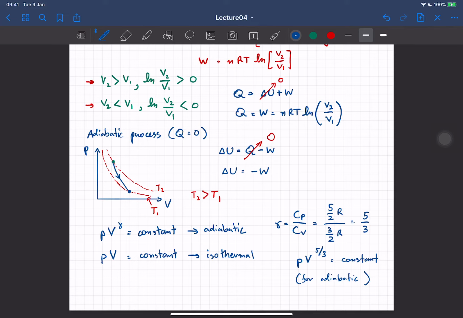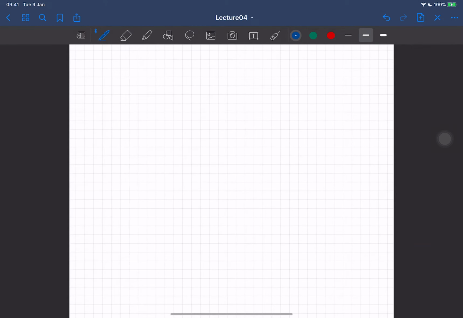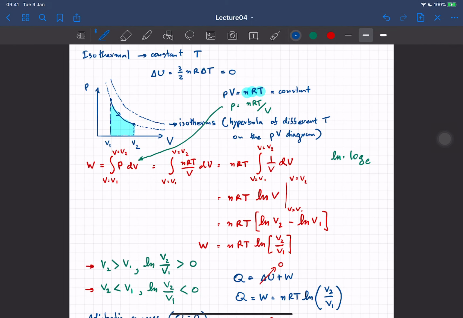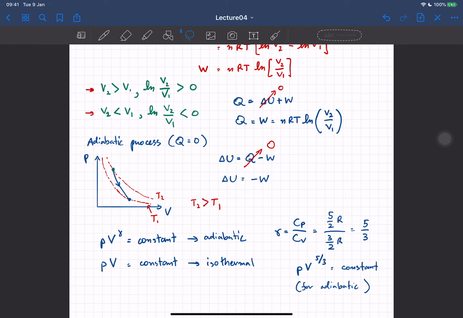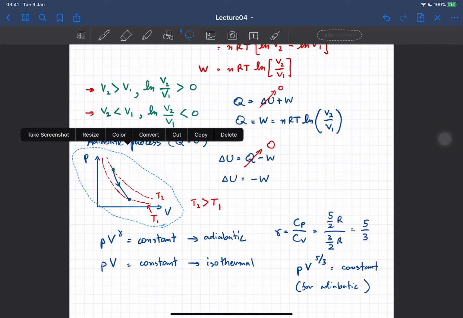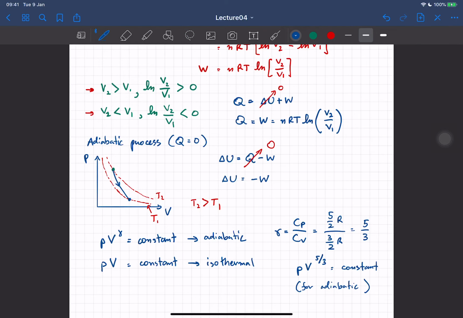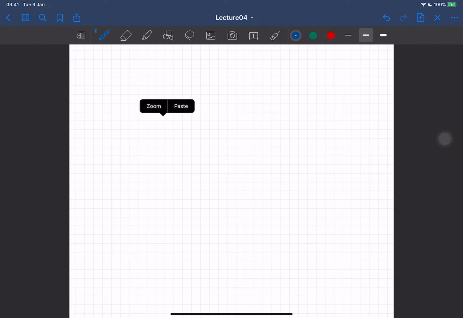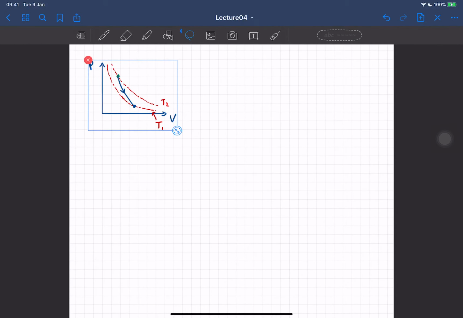So for an adiabatic process, you use this formula here. For example, I just want to copy this so I don't have to redraw. Copy and then paste. Okay, so this is an adiabatic process. Let's put in some numbers so that you know how to use that equation.